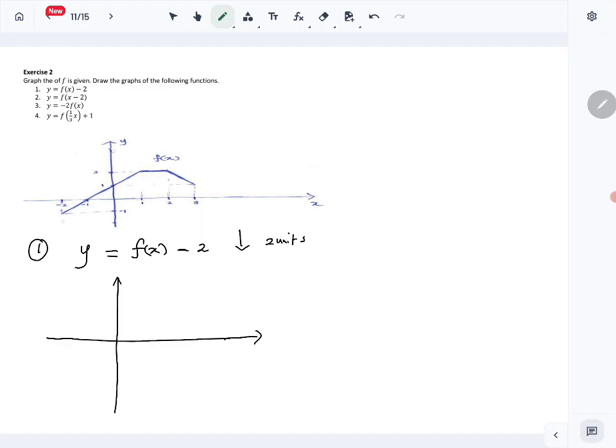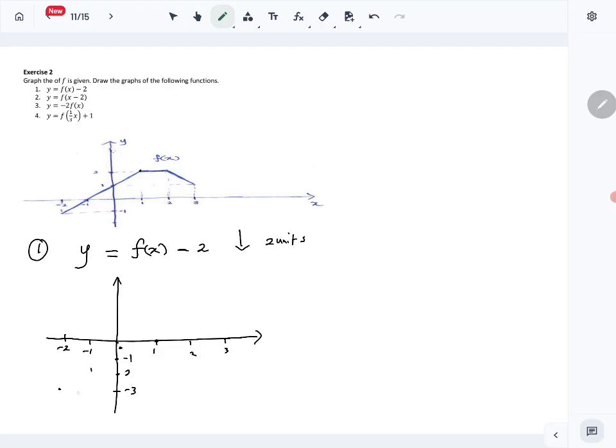So what happens? At minus 2, minus 1, 0, 1, 2, 3. So minus 1 will go to minus 3. So it will start at minus 3. Then 0 goes to minus 2, so then 1 goes to minus 1, right? 1 goes to minus 1, and 2 will go down by 2 units to 0, right?